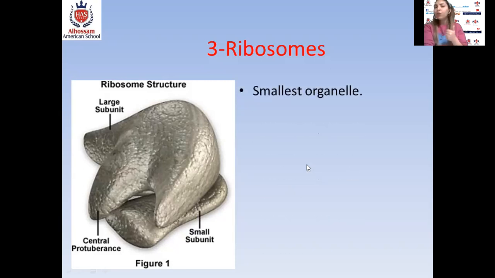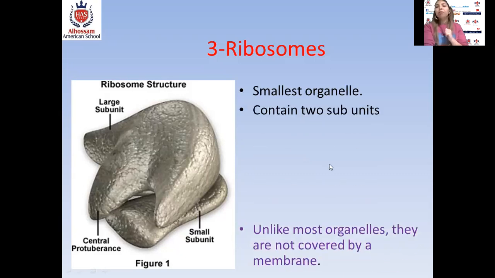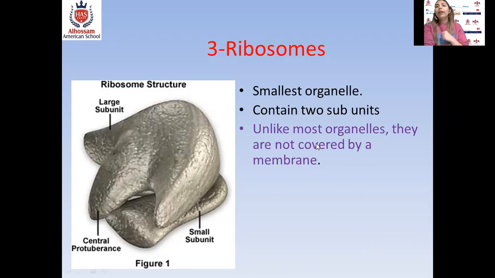So ribosomes are the smallest organelle, number 1, and contain 2 subunits. And unlike most organelles, they are not covered by a membrane. Do you remember what the difference is with membrane-covered organelles? As we said before, when the organelle is solid, it's not needed to be covered with a membrane.